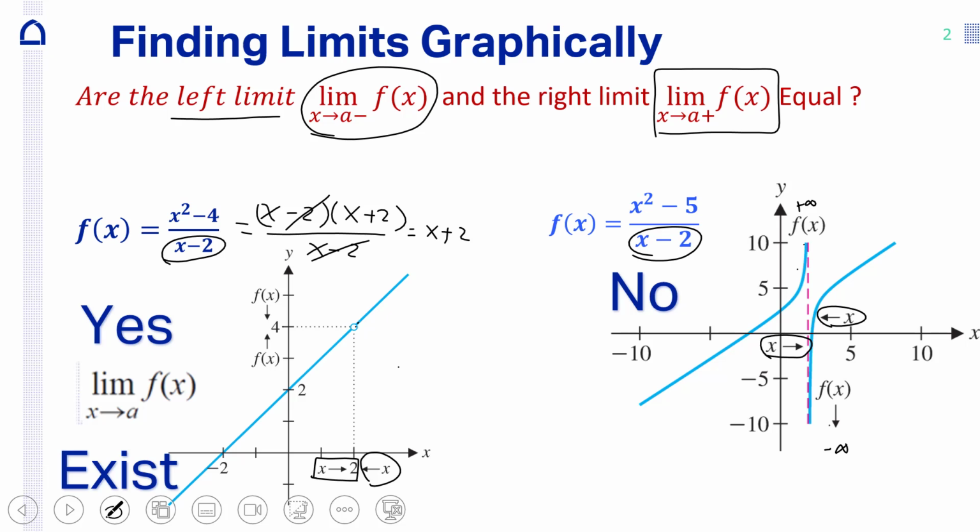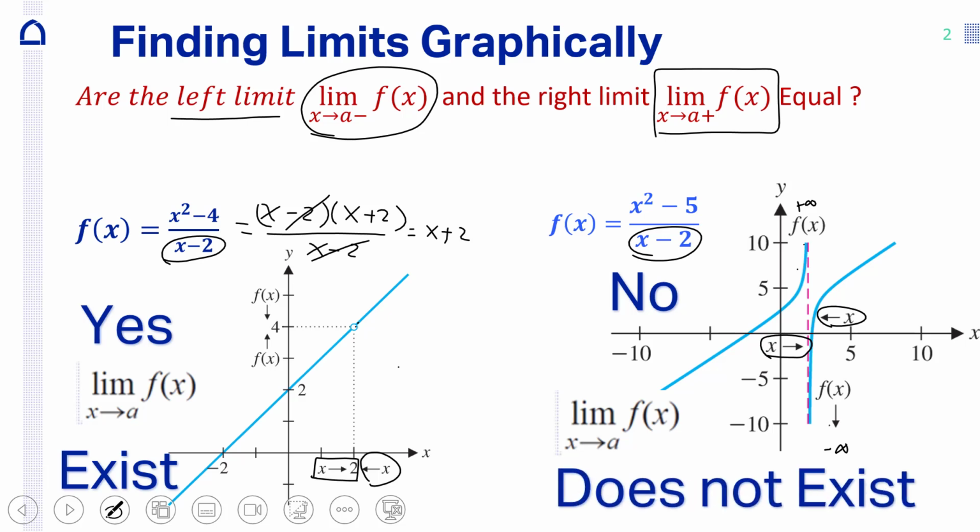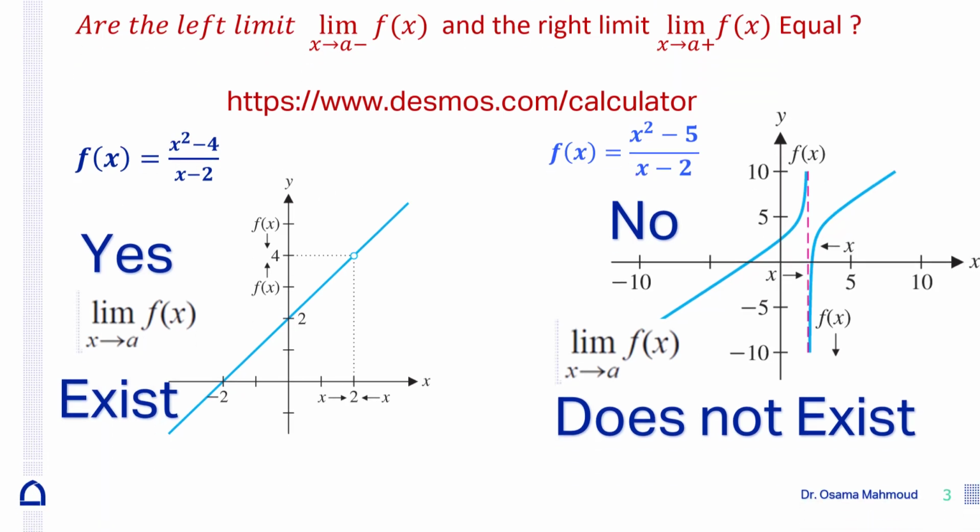So the right limit is minus infinity, the left limit is positive infinity. So there is no limit, and I can say the limit doesn't exist. You can use Desmos, the graphing calculator, to graph such functions.